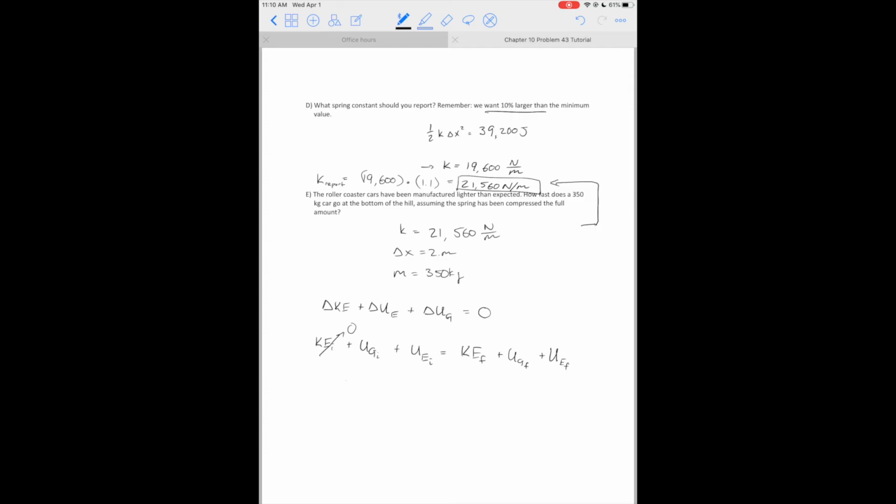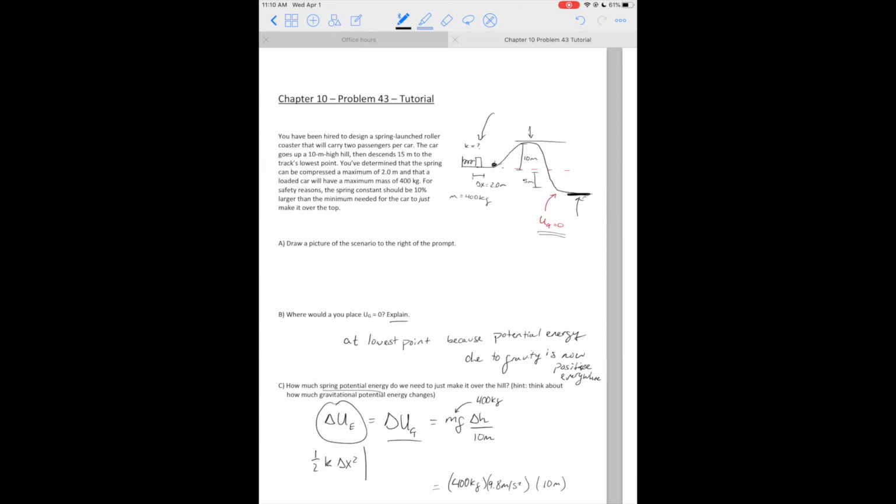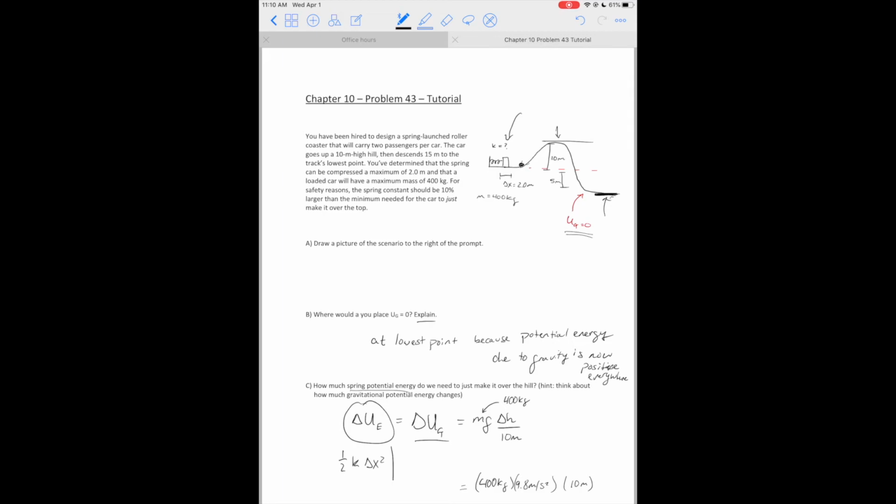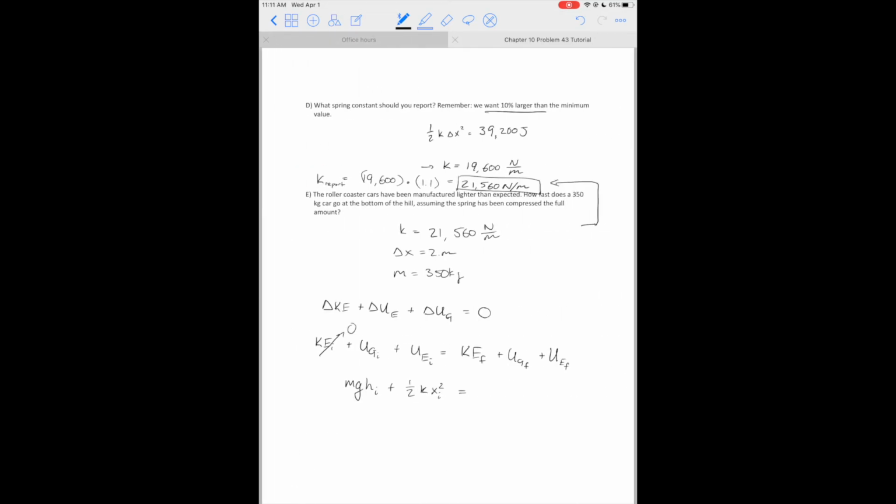So I have mgh initial plus 1/2 kx squared initial. What does that equal? Well, we've defined our gravitational potential energy to be 0 at the bottom, and there's no spring over here, so there's no compression of the spring, so it's really just equal to 1/2 mv final squared. Everything else went to 0.